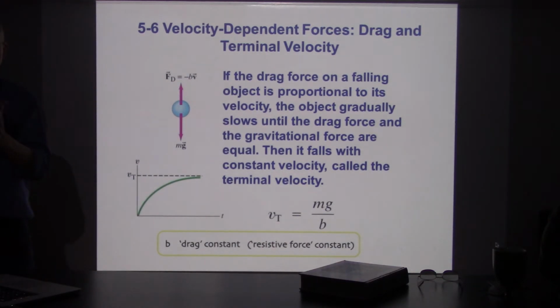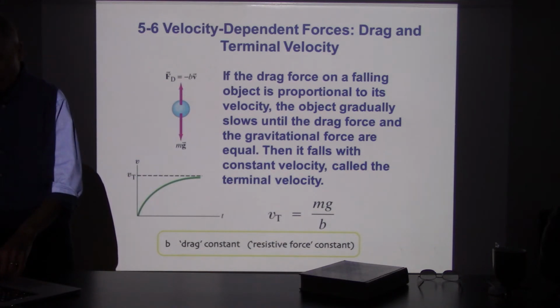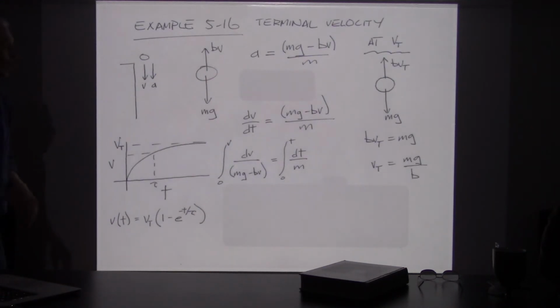If the object is more compact, there's not going to be as much air resistance. If it's built aerodynamically so that it can pass through the air without disrupting the air so much, then the b value will be smaller. So that really depends on details of what's going on.